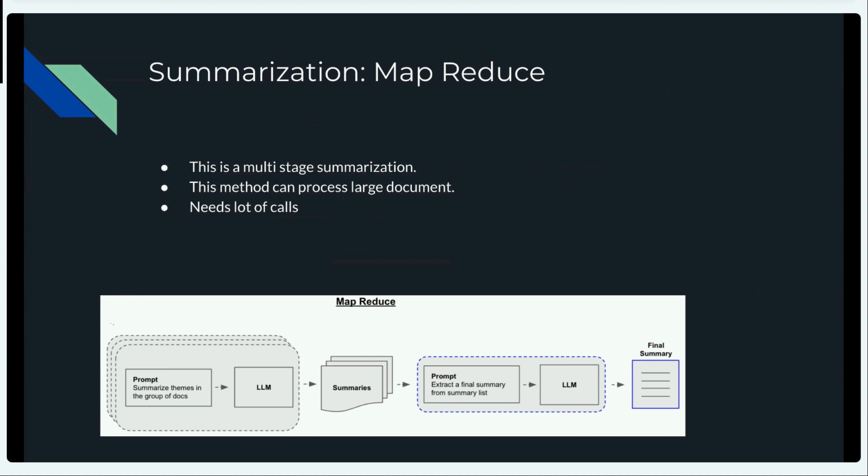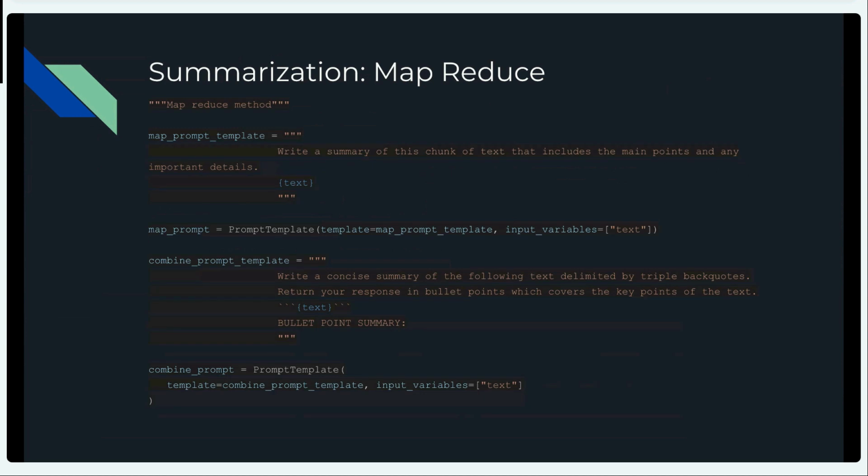But in the reduce step, when you create your prompt and append all those summaries into that prompt, it might be possible that this prompt overshoots your LLM's input size. And this is very feasible when it comes to long document summarization. So to overcome this, we have a third approach, which is known as refine or refinement.